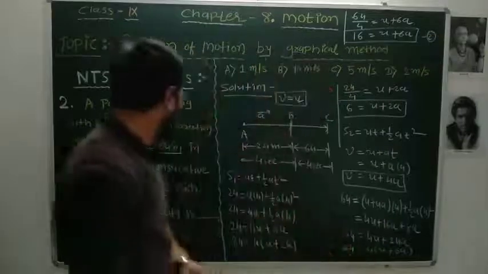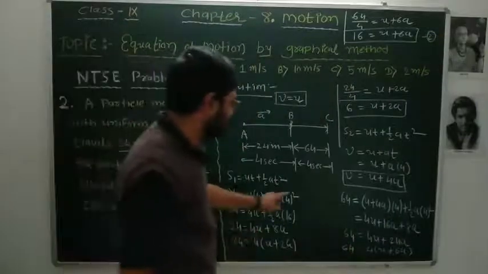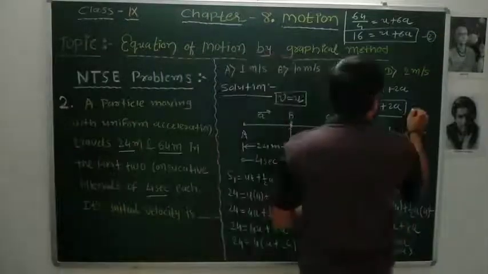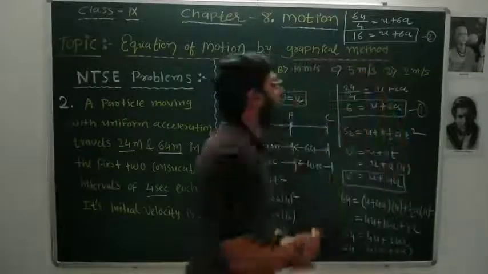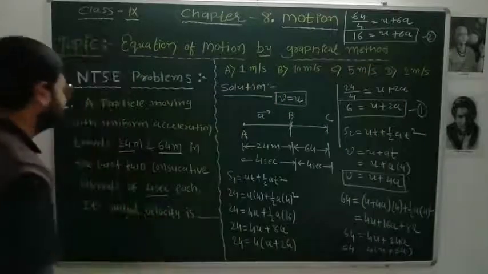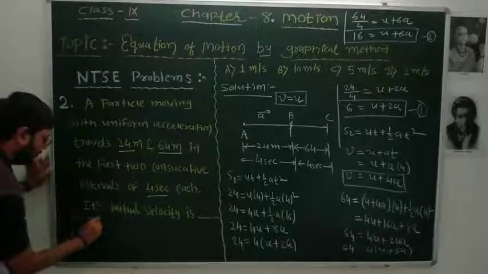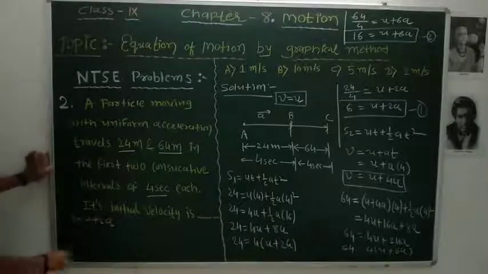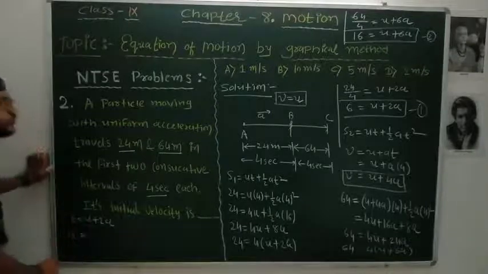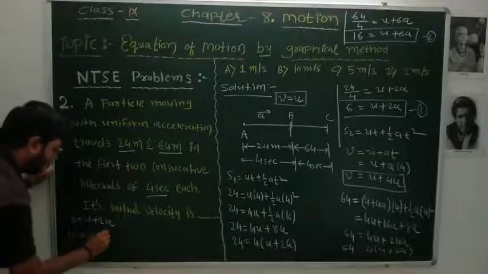Now we subtract equation 1 from equation 2. That is, 6 is equal to u plus 2a and 16 is equal to u plus 6a.